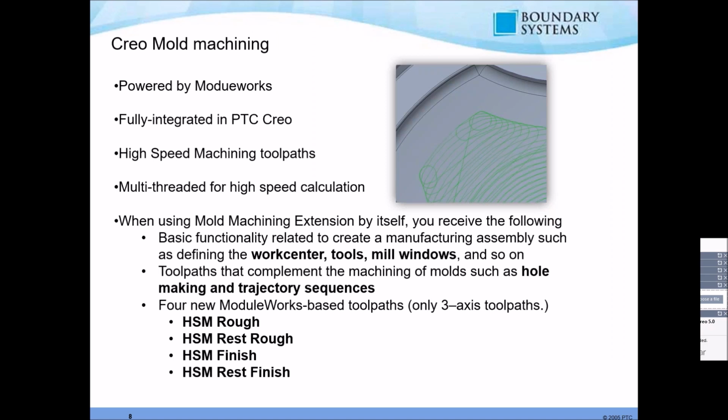You'll still be able to do holes and trajectory and the basic things. Okay, and then the 4 new ModuleWorks-based toolpaths that you'll have access to are the high-speed machining roughing, the rest roughing, finishing, and rest finishing. So that's all high-speed toolpaths that we'll create using the ModuleWorks mathematics in the background.